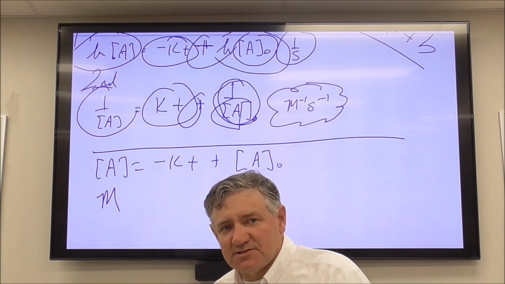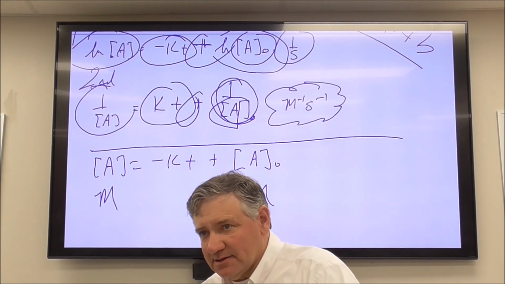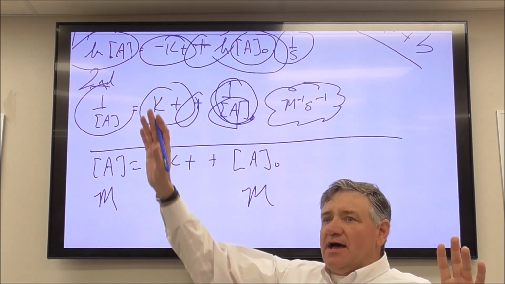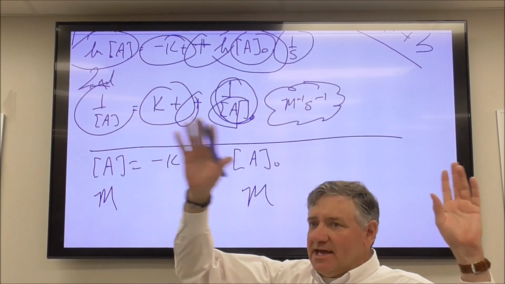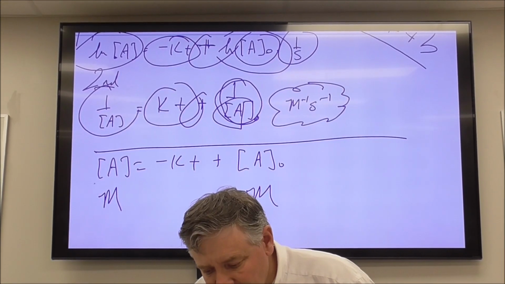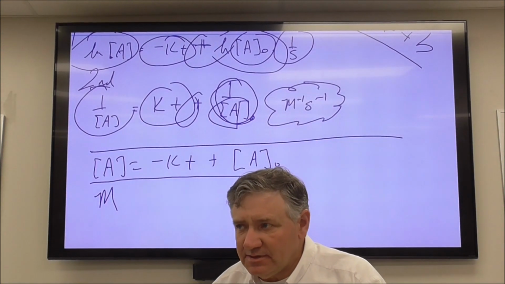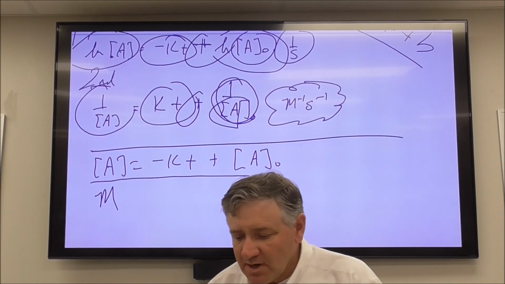Now, here's the deal with units. You can only add like units. I can't take molarity and add that to liters. I can't take molarity and add that to seconds. So since this is going to be a linear function, everything has to be the same thing, molarity.